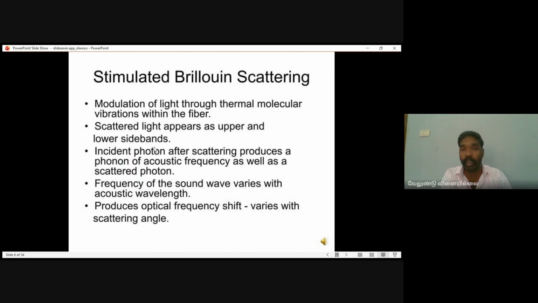These two things together are called Brillouin scattering. So when the light falls, it is divided into two parts.